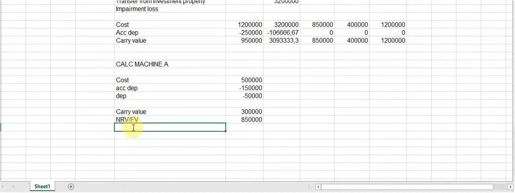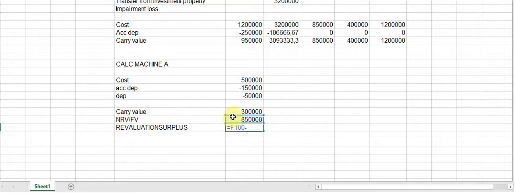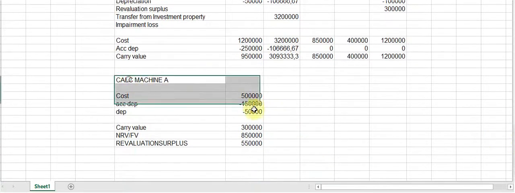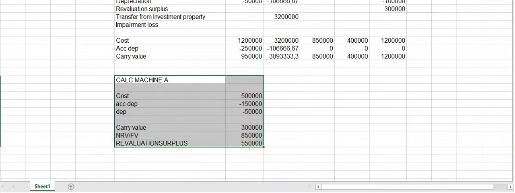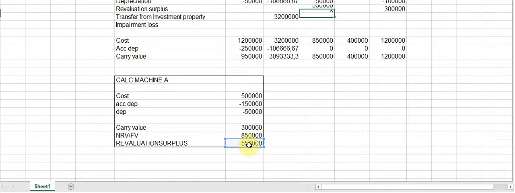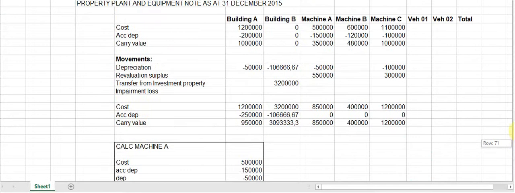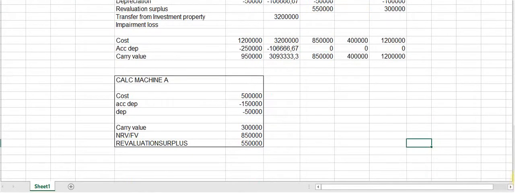And that gives us a revaluation surplus, which is the difference between these two. So the revaluation surplus in this instance is 550,000. So now I can go and take this information and I can slot it into my PPE note. So under depreciation, it's going to be the current depreciation. Under the revaluation surplus, it's going to be the 550,000.